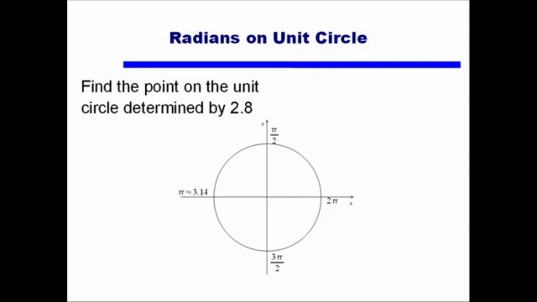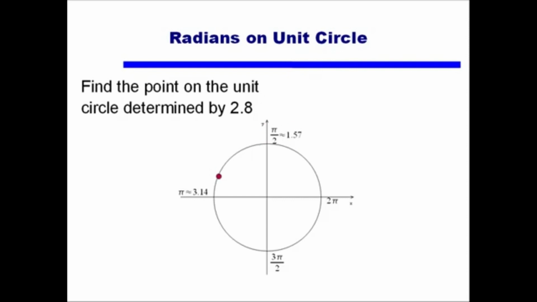Well, if that's 3.14, and I want to find a point of 2.8, it's got to be before the 3.14. Let's see, what would pi divided by 2 equal? If I plug that into my calculator, I find that's approximately equal to 1.57. So I'm guessing that this point is probably pretty close to 2.8.